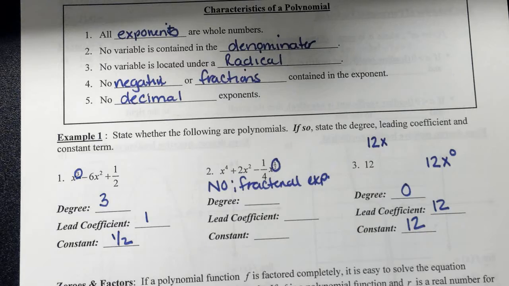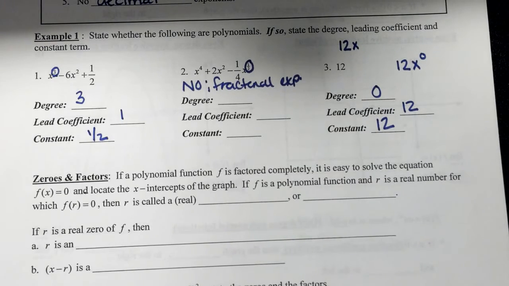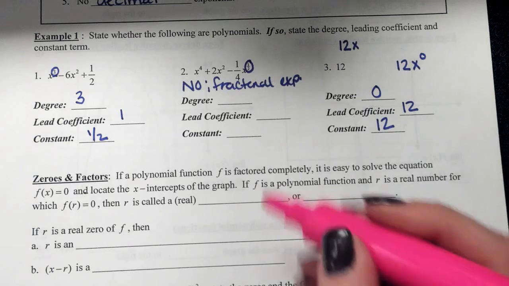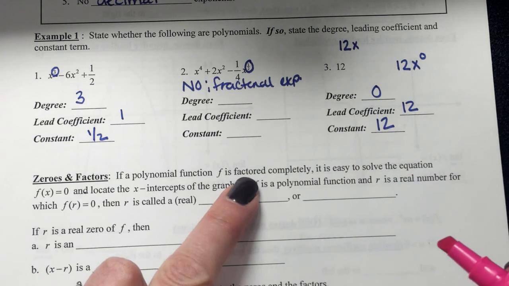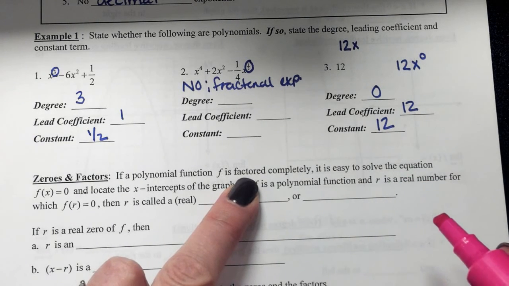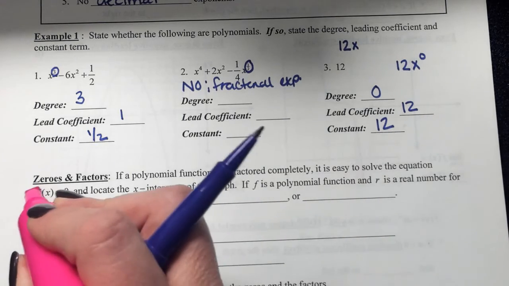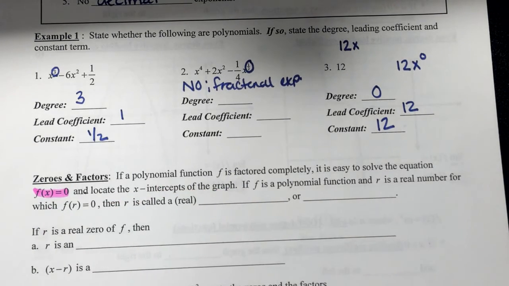All right, and again, we've been spending a lot of time on factoring. Make sure you understand the difference if a question asks you for zeros versus factors. If you have a polynomial that's factored completely, it's easy to solve the equation, and we've been doing that. Remember, we can just take each factor and set it equal to 0.